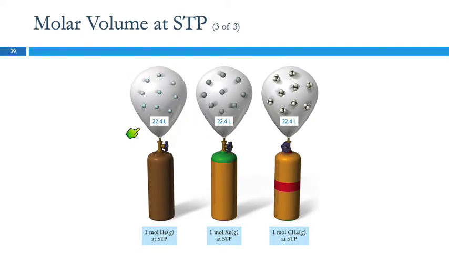So here is a balloon with 22.4 liters of helium in it at STP, and xenon, 1 mole is also 22.4 liters, and methane, CH4, also 22.4 liters. But what would this balloon weigh? 4.003 grams. How about xenon? 131.3.